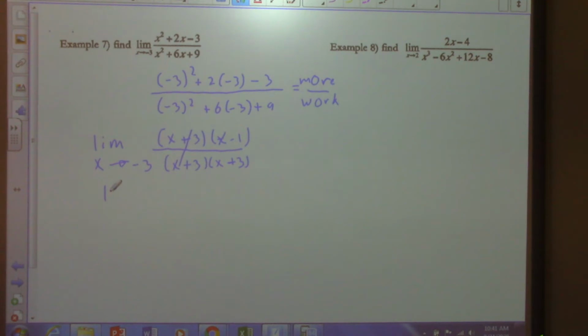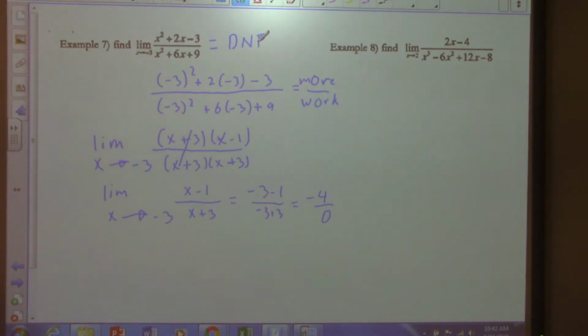So we have the limit as x approaches -3 of x minus 1 over x plus 3. That's -3 minus 1 over -3 plus 3, so -4 over 0. So we can say this limit does not exist.